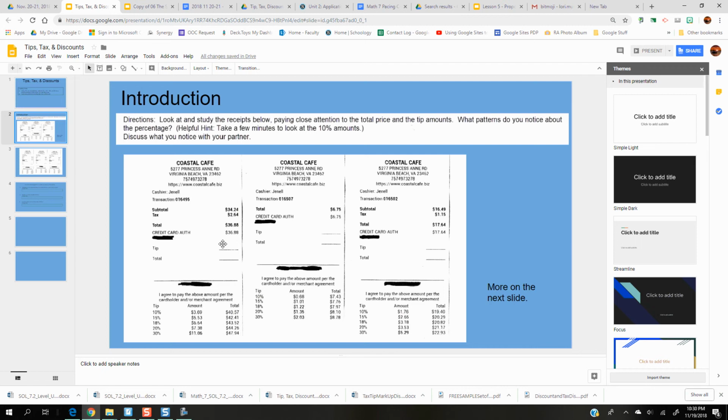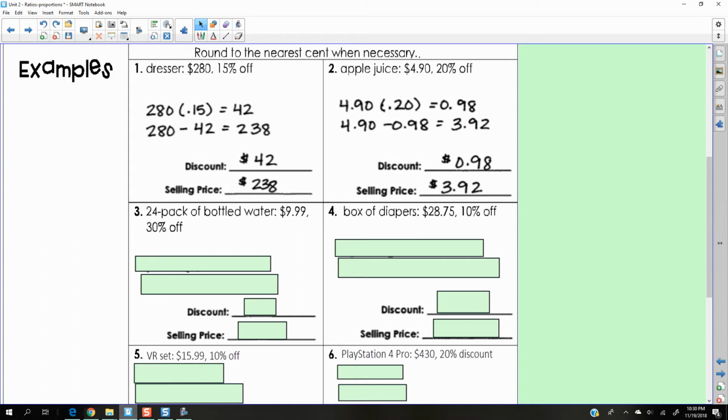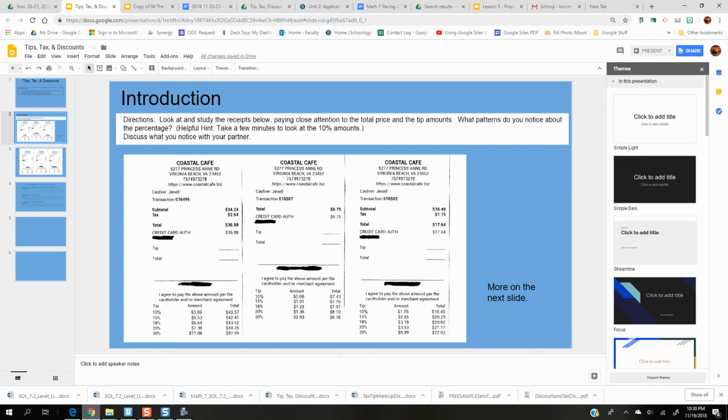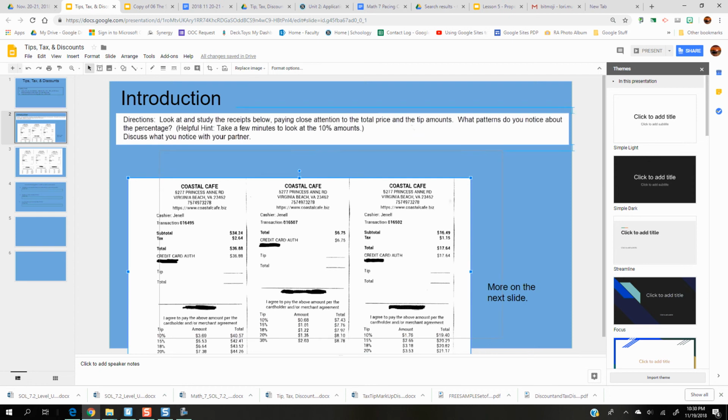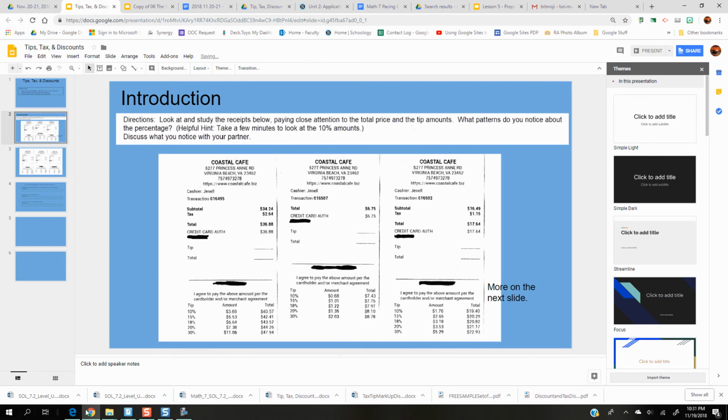So in this case, $36.88, 10% is you just take the decimal point and move it over, so it's 3.688.